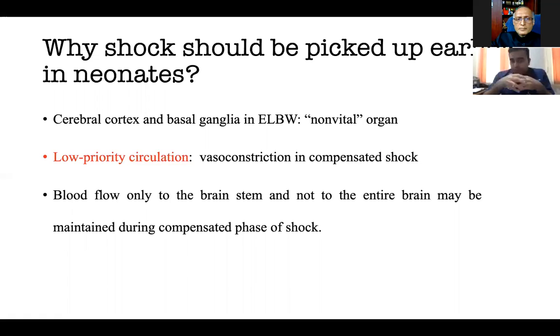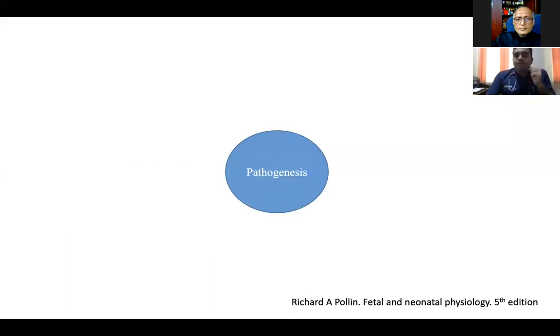So in compensated shock, blood flow occurs only to the brainstem, not to the entire brain. Even in the compensated phase of shock, blood flow to the cortex and basal ganglia is compromised, particularly in preterm neonates. This is the reason why you should pick up shock at the earliest, so that timely intervention can be done.